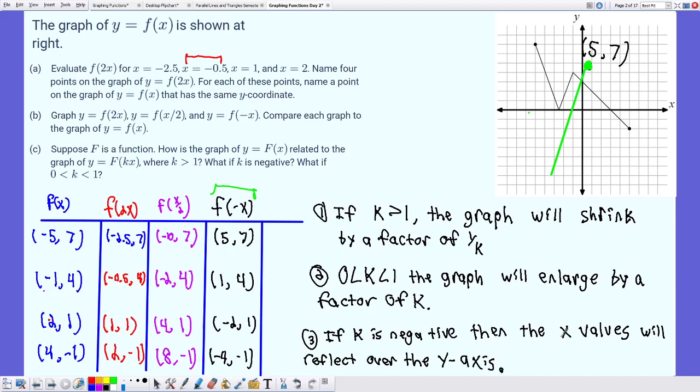Not even x values, the points. So that's an easy way to tell just by looking at what's happening in your function f of x. Without even having to do any calculations, really, you can easily figure out how the graph will be affected.